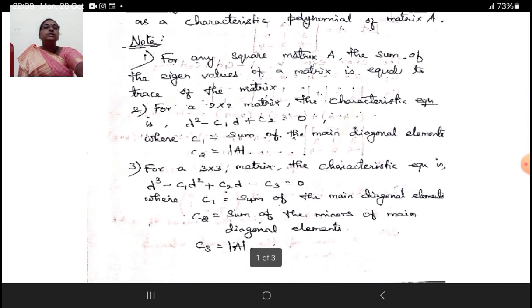Note, for any square matrix A, the sum of the eigenvalues of a matrix is equal to the trace of the matrix.